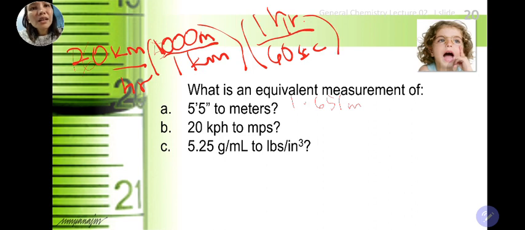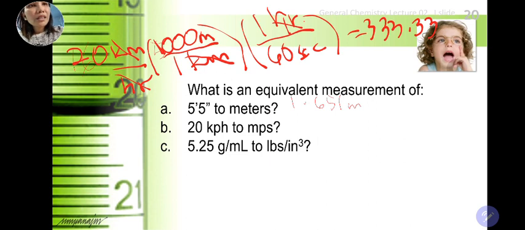So, cancel out natin yung mga units through dimensional analysis. So, hour is equal to 20 times 1,000 and then divided by 60. So, we have 333.33.